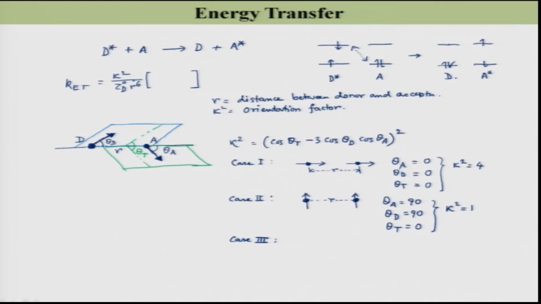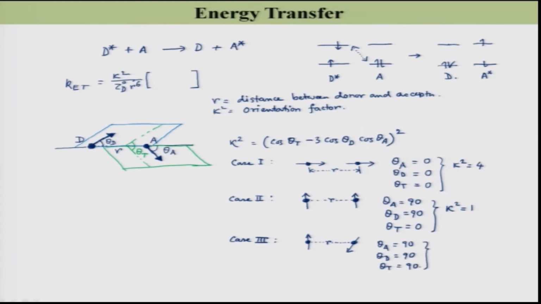In this case, let me take my dipoles, this donor and acceptor, like this is my donor and this is r, and this is my acceptor, such that theta A is equal to 90, theta D is also 90 and the angle between these two is also 90 degree, right.